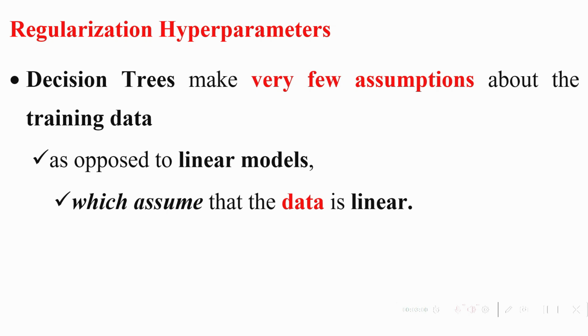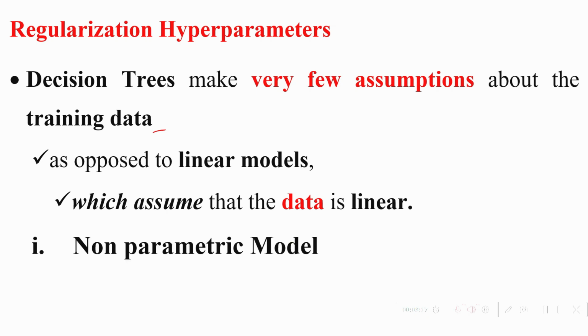mainly makes different assumptions about the training data. A decision tree makes very few assumptions about the training data, as opposed to linear models, which assume that the data is linear. Here we have two types of models: one is a non-parametric model and the second one is a parametric model.